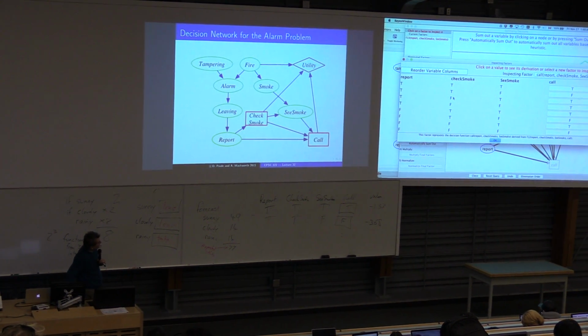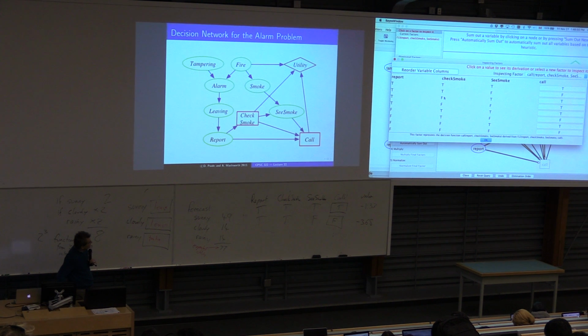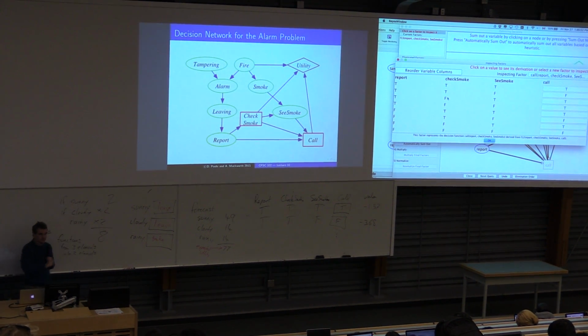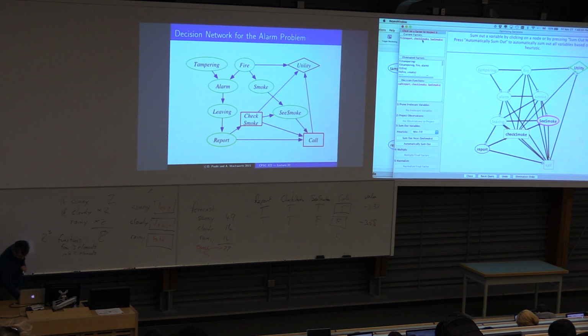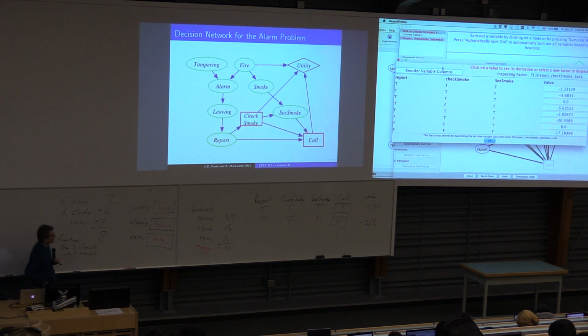If report and check smoke are true and see smoke is false, we're not going to call, etc. And there's also a factor that has these numbers that we got from maximizing, minus 1.33, minus 3.68. So we did this by hand. Okay, any questions so far?